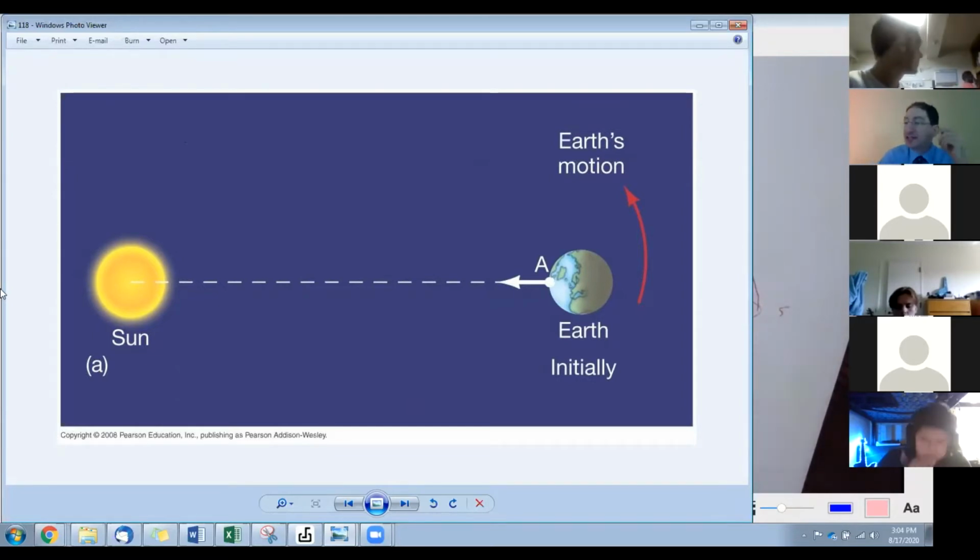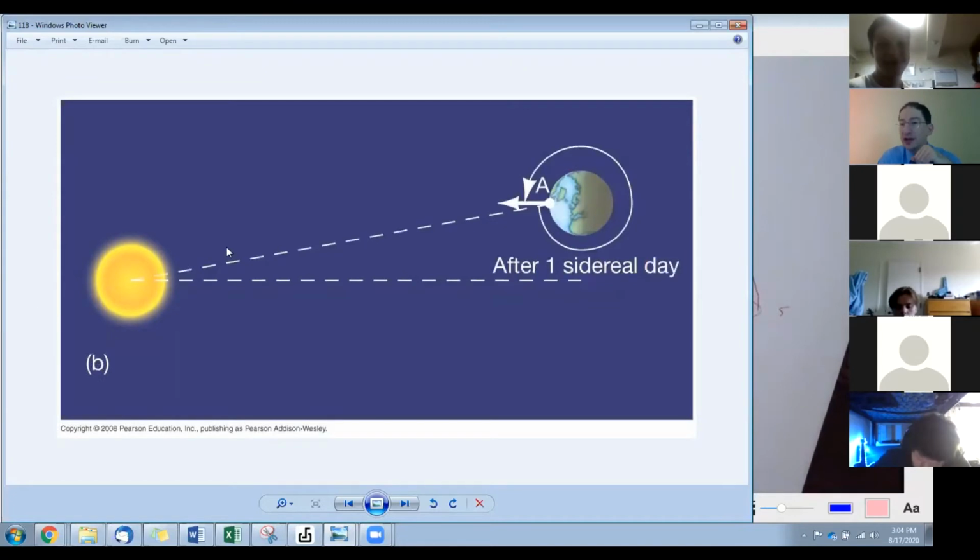Now, after one sidereal day, Earth has done a complete rotation on its axis and is pointed back in the same direction. It's not pointed at the sun anymore because we've moved in our orbit, but let's come back to that in just a second. We've done one full rotation, pointed in the same direction, and I argue that we're pointed at the same stars that we were before.